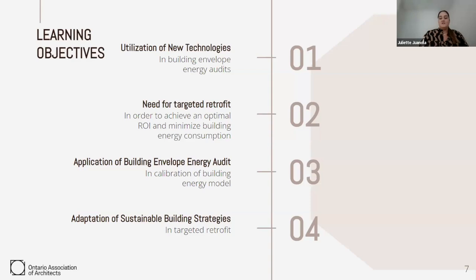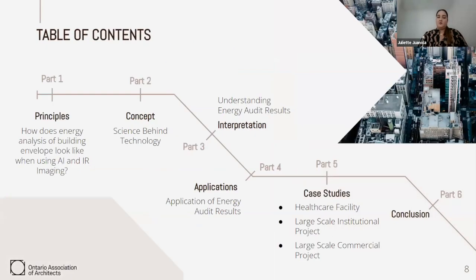In order to achieve these objectives, we have divided our presentation into 6 parts that you can see here. So we're going to start by talking about the principles and what the energy analysis of building envelopes looks like when using AI and infrared imaging. The second one will be the concept and talk a bit more about the science behind this technology.